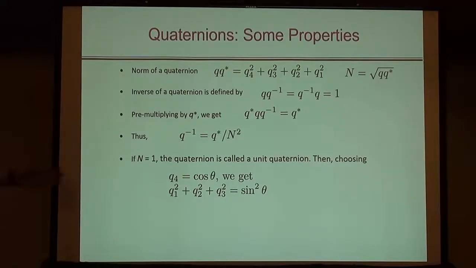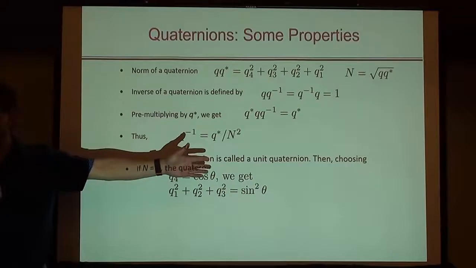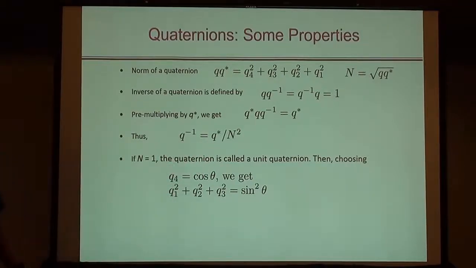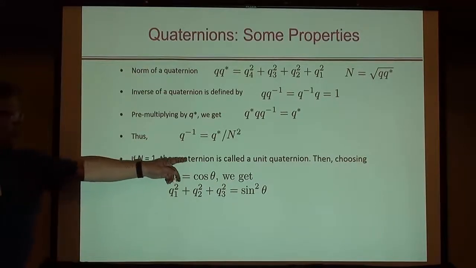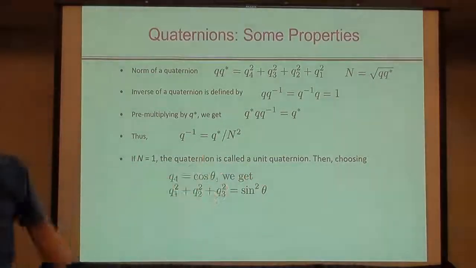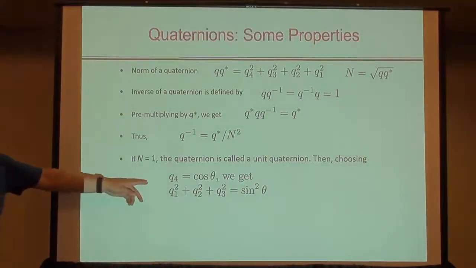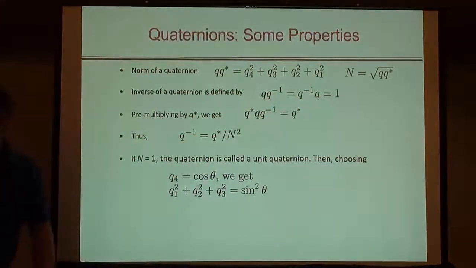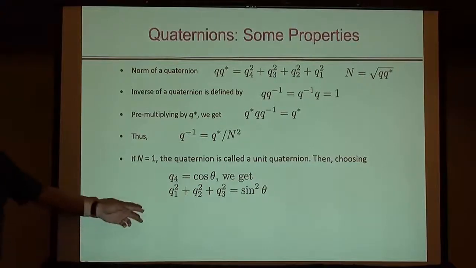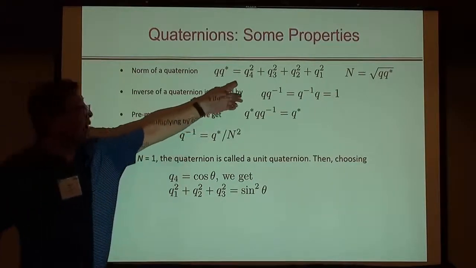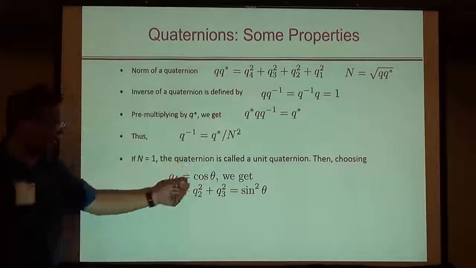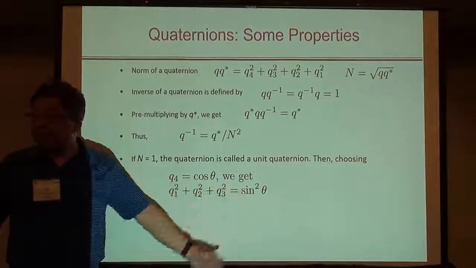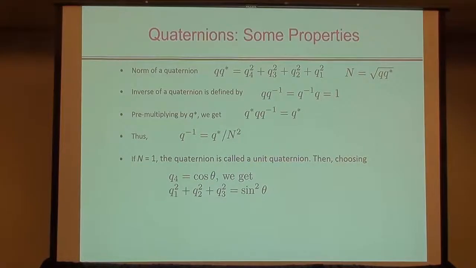This form is very similar to complex numbers, right? That's how you define the inverse. Now, if the norm equals 1, we have a unit quaternion, and so here we know that the sum of squares will be equal to 1. So if we let this one be cosine squared, the rest of them can be called sine squared.